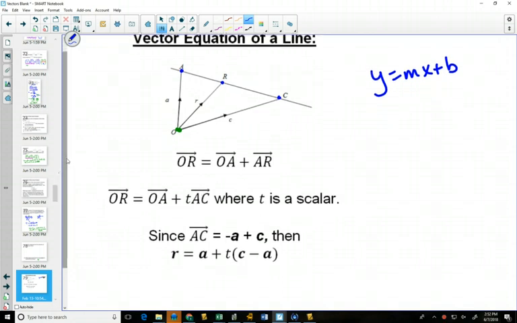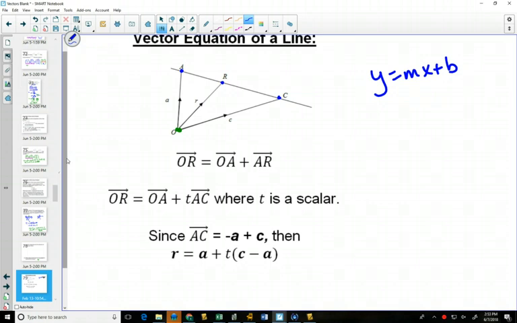So if I wanted to pick a random point on that line, which in this case is represented by R, R could be anywhere on that line. What would I have to do? Well, I would need to know the direction of my line.